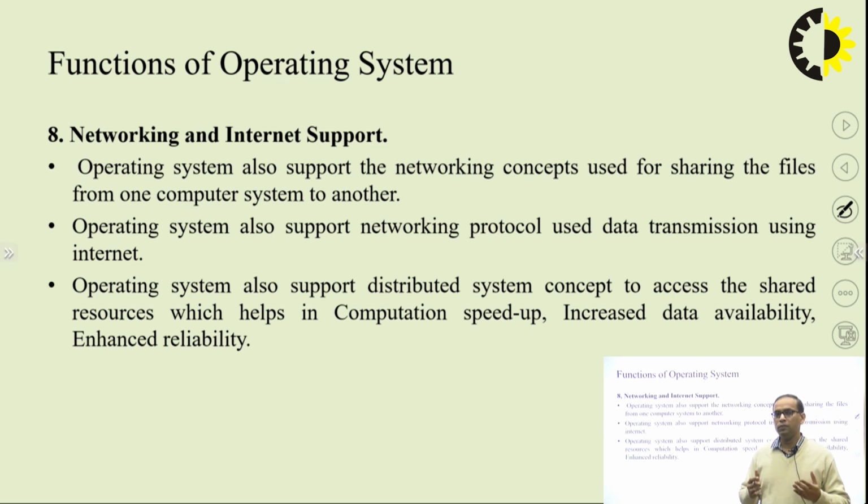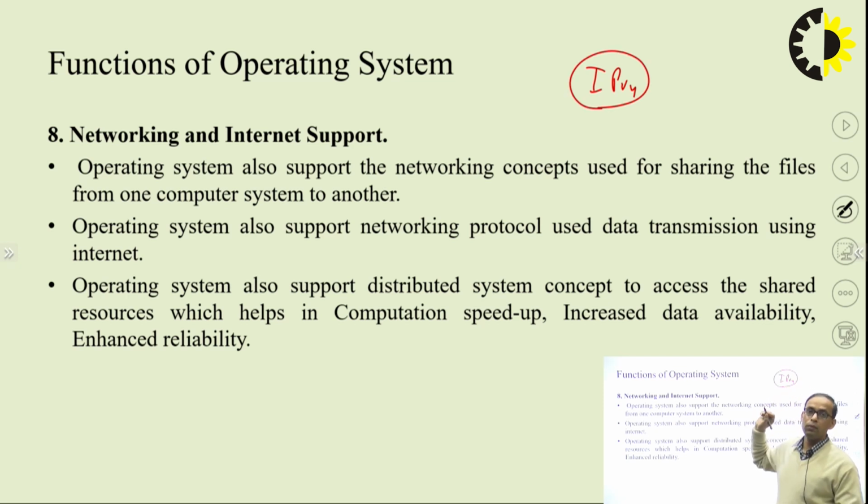When we assign an IP address to our computer system, different techniques are required, or rather the basic protocol that supports the IP address, like IPv4, IP version 4, where the IP address is 32 bits. Our operating system must support this.